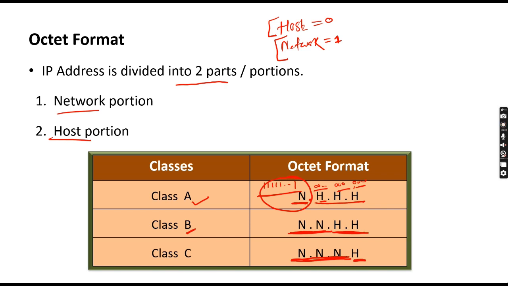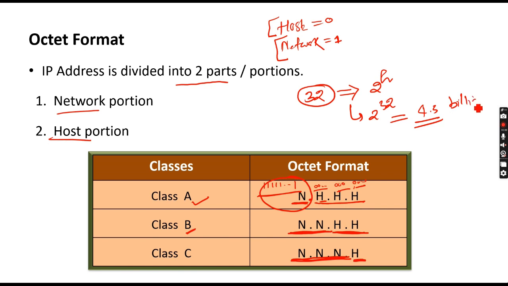Now next comes, how will you be able to calculate the total number of IP addresses in class A, class B and class C. As we discussed, an IP address is 32 bits, and to calculate the total number of IP addresses, it is 2 power h, where h is the number of host bits. So it is all about 2 power 32, which is around 4.3 billion IP addresses.